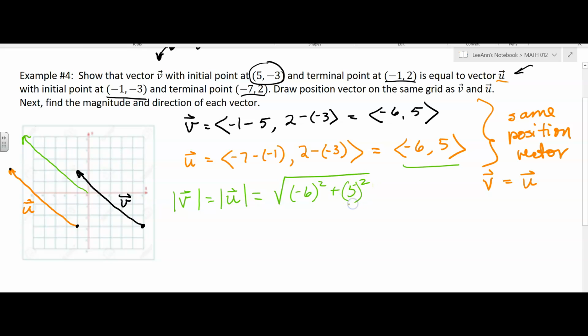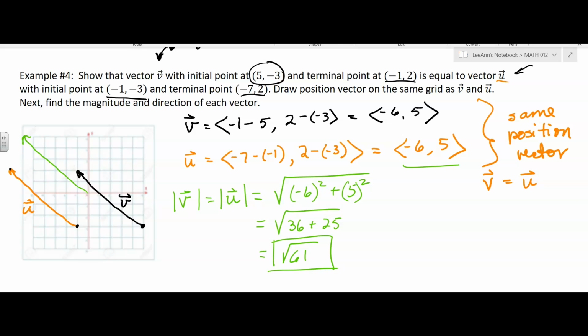That's 36 plus 25, which is the square root of 61. 61 is prime, so you're done. That would be the magnitude. You could get a decimal approximation if you were interested.